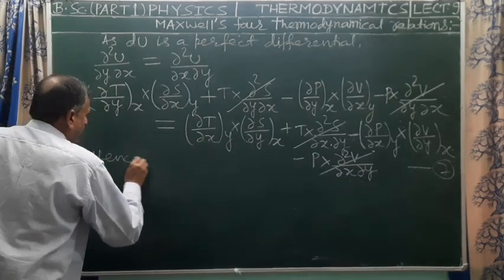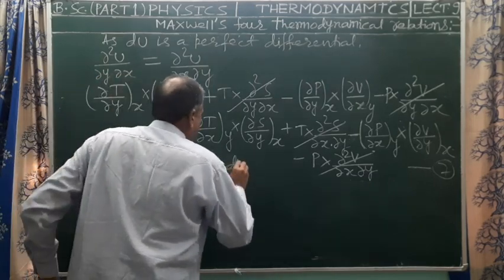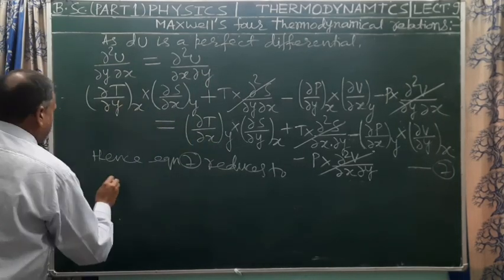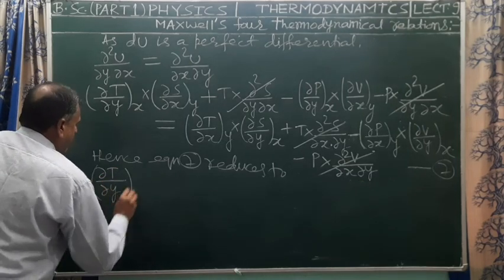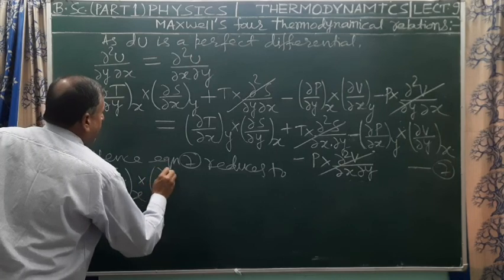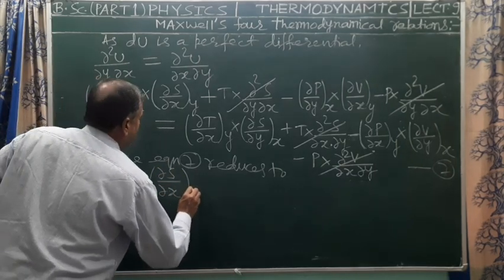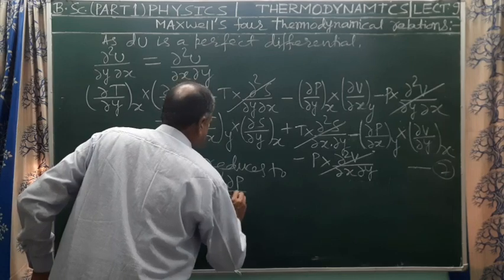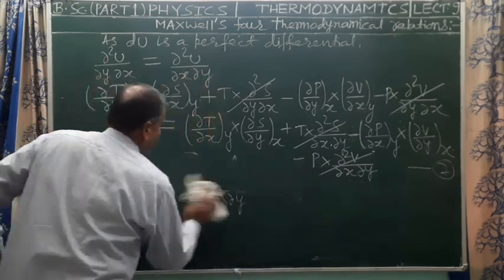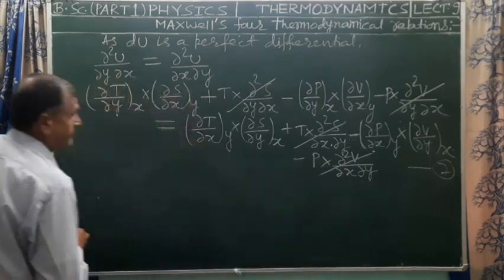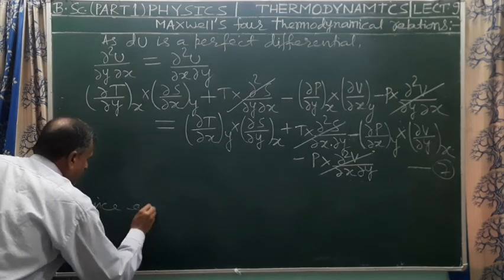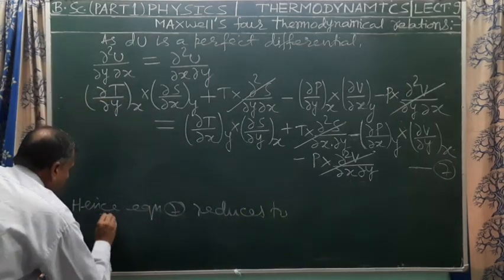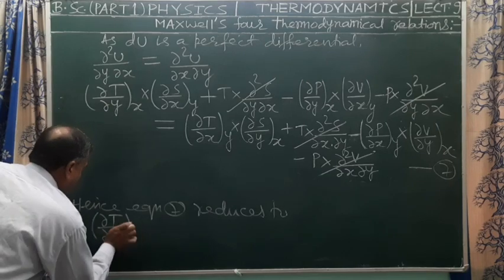Hence, write down equation 7 reduces to: the first term of equation 7 is del t upon del y at constant x multiplied by del s upon del x at constant y, minus del p upon del y.